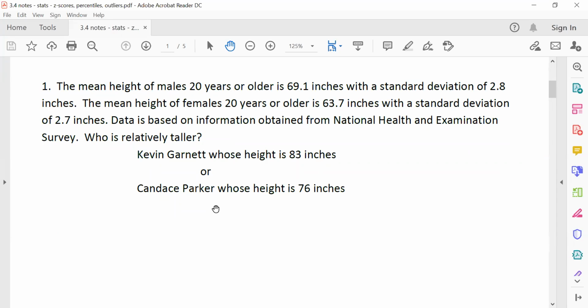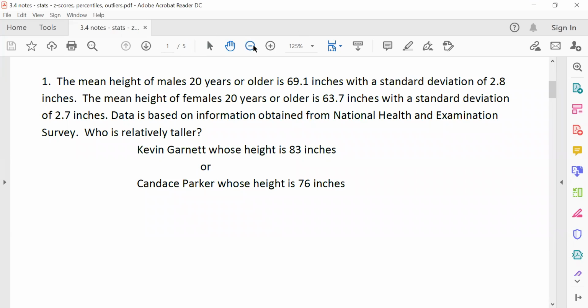Women tend not to get over 6 feet tall, though it is possible. And then Kevin Garnett is literally just under 7 feet tall. So that's really tall. So what we're going to do is calculate each of their individual z-scores.